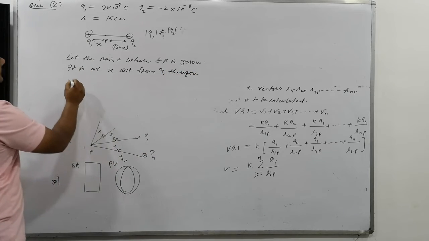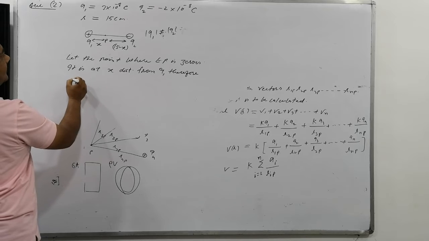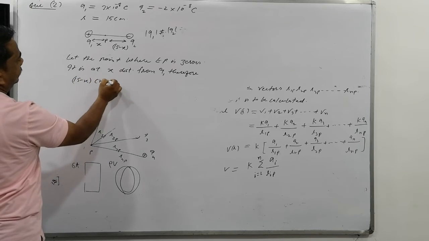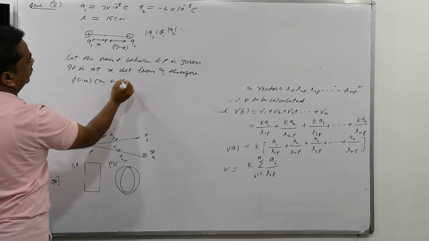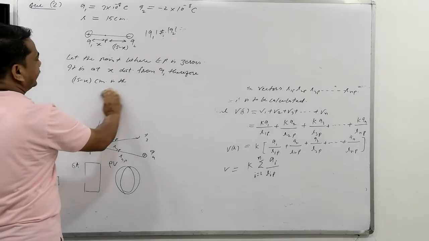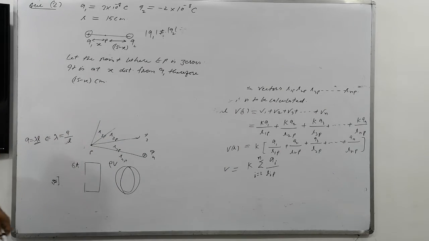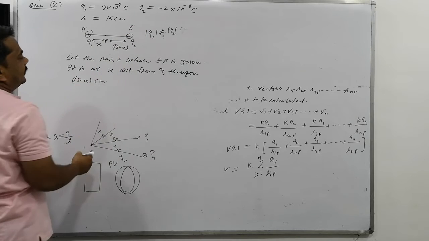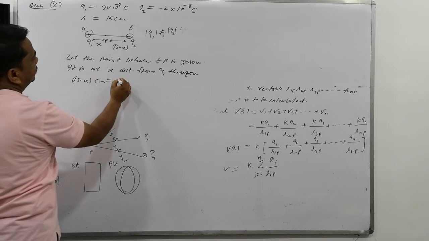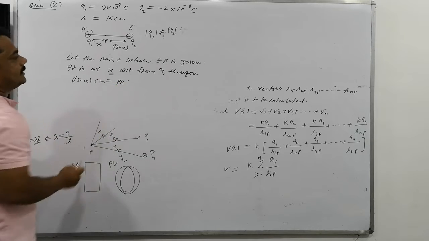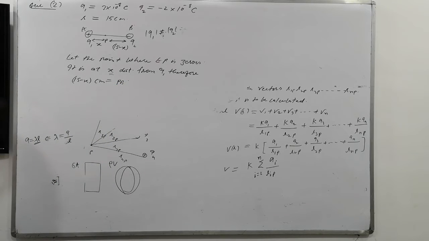Therefore 15 minus x centimeter is the distance from Q2. So much language you don't need to write. I suggest you write this is point A, and this is point B, so we can write PA and PB. Is that clear? We are to find out the total potential.